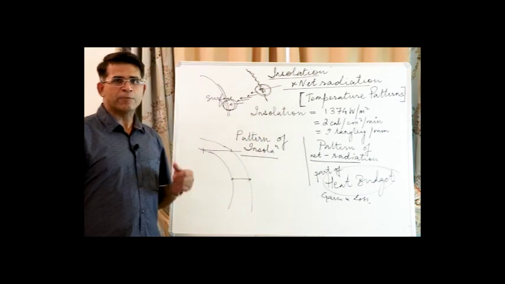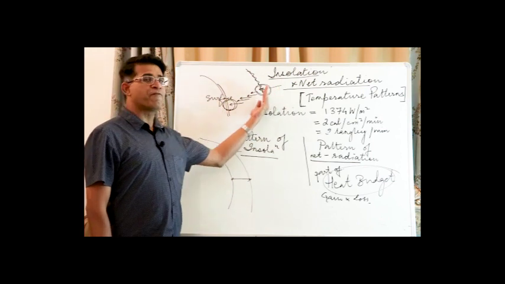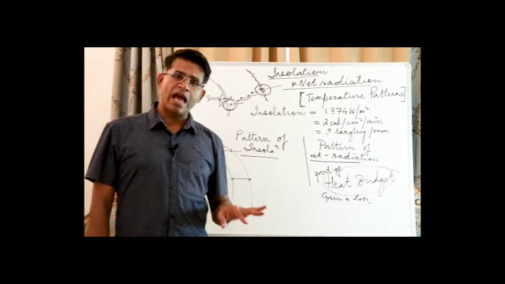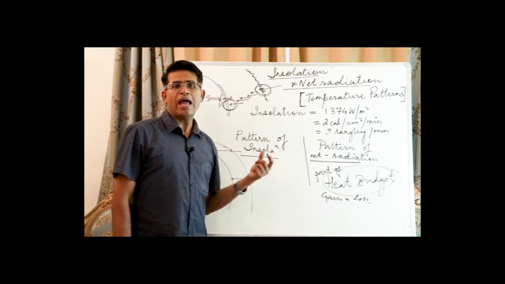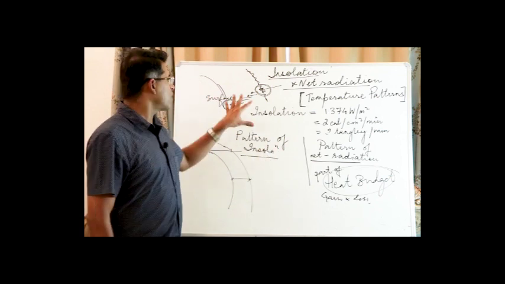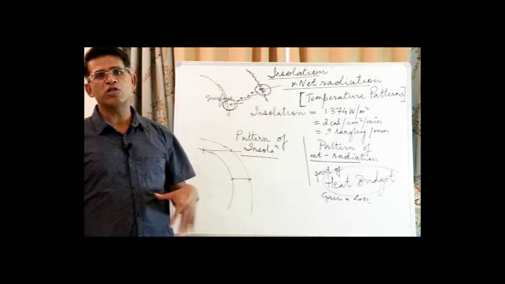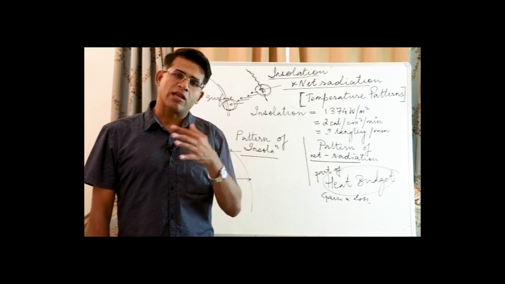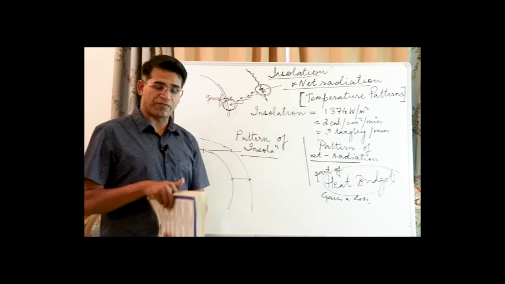So I have explained what is the pattern of insolation at different levels of the atmosphere and at the Earth's surface, and we have compared this insolation for different latitudes. And we also mentioned the reasons why we have differences in the insolation received at the outer atmosphere and what are the losses by the time the insolation reaches the Earth's surface.